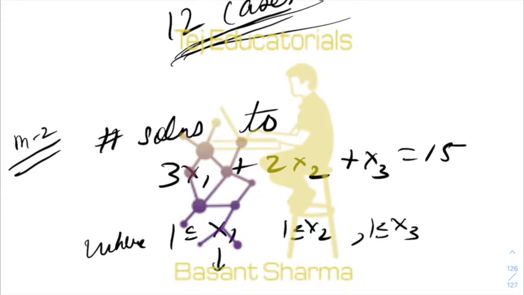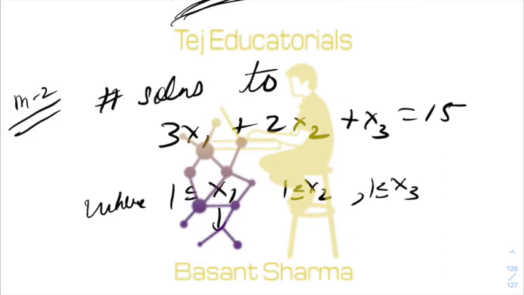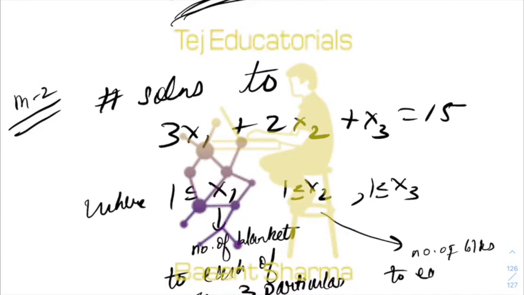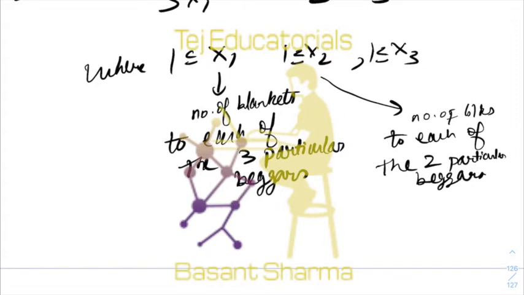And x1 denotes the number of blankets to each of the three particular beggars, and x2 denotes the number of blankets to each of the two particular beggars. Okay, and x3 is the number of blankets to the sixth beggar.